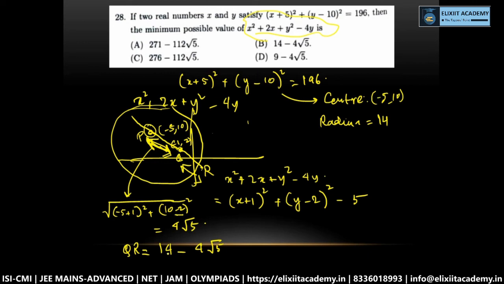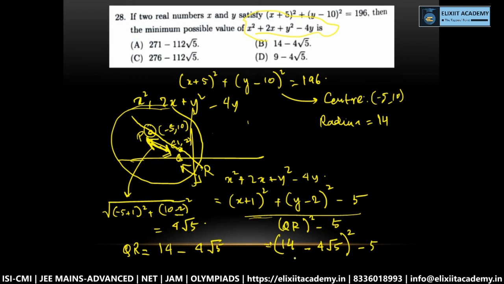Clear? So what you actually need is QR square minus 5, right? So this is 14 minus 4 root 5 whole square minus 5.